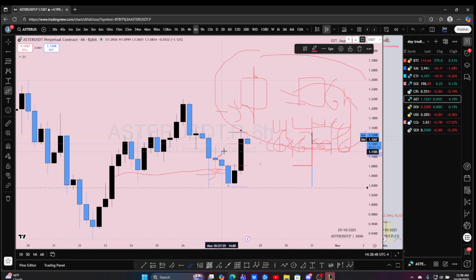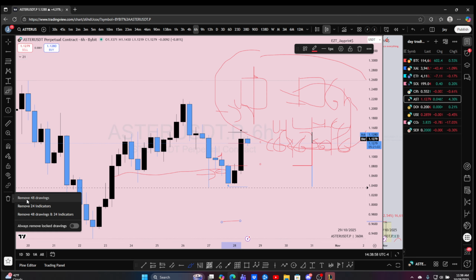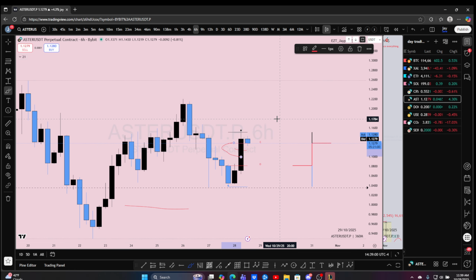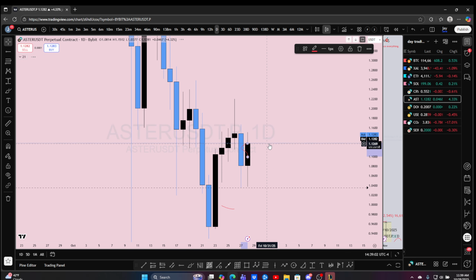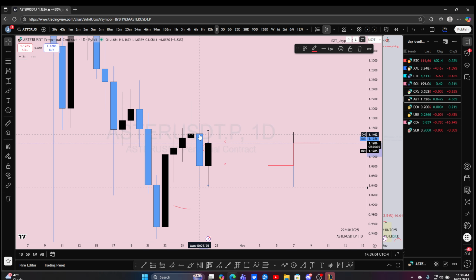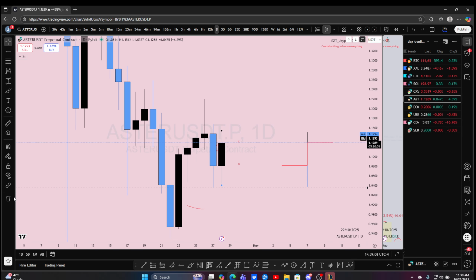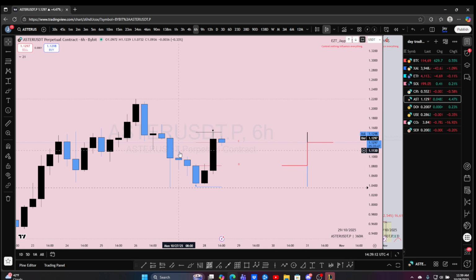This is the fourth 6-hour candle, right? Open, high, low, close. 1, 2, 3, 4. That's your one daily candle, which was your previous daily candle. You can see open, high, low, close. How many candles did that precisely take? 4 6-hour candles.